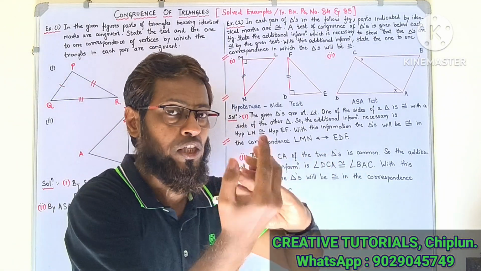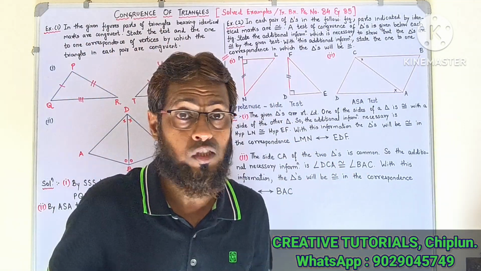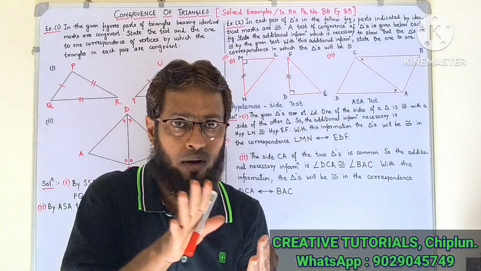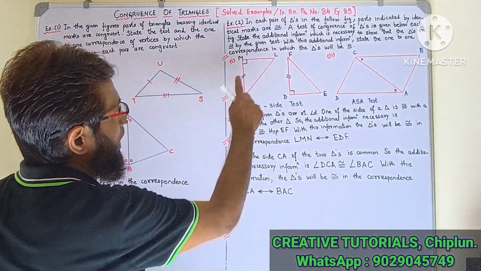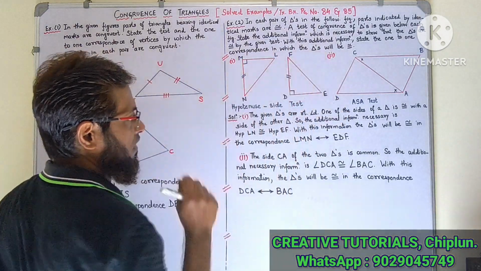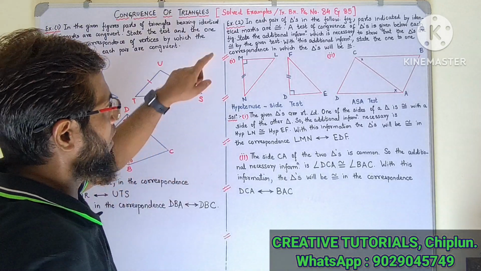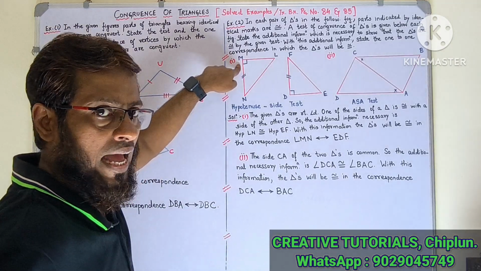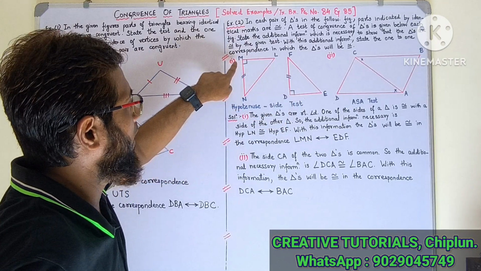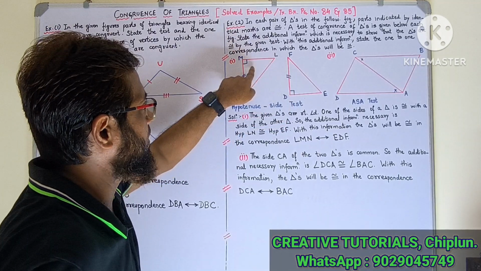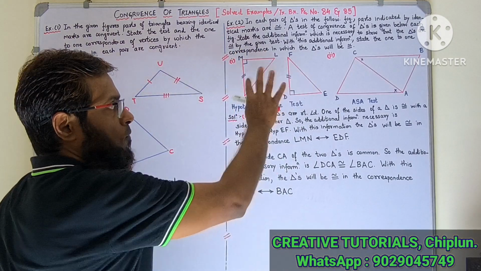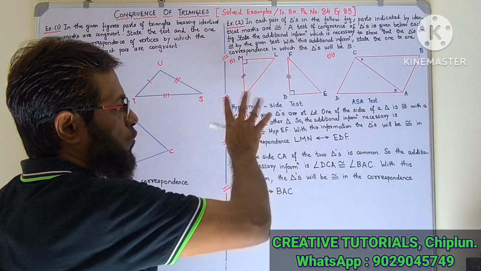So you need to correct the positions of the triangles so that the corresponding vertices get superimposed properly. My vertex L of this triangle and vertex E of this triangle will get superimposed. Then as far as my right angle is concerned, angle M and angle D are right angles. So my vertex M and my vertex D, from these two triangles respectively, will get superimposed.